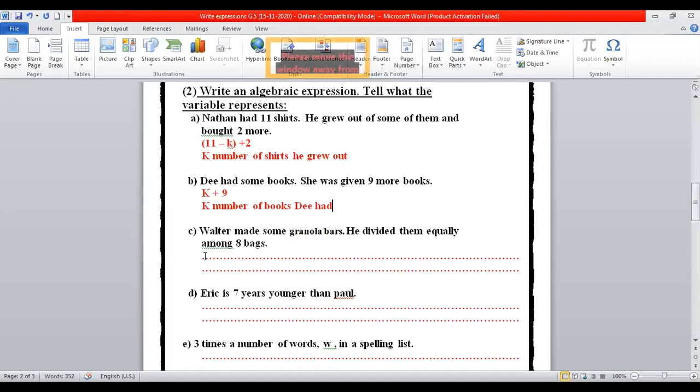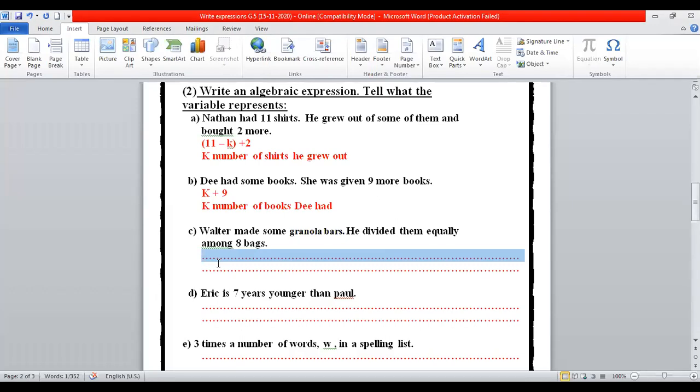Walter made some granola bars. He divided them equally among 8 bags.